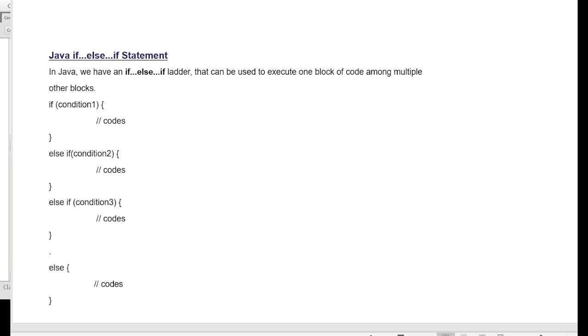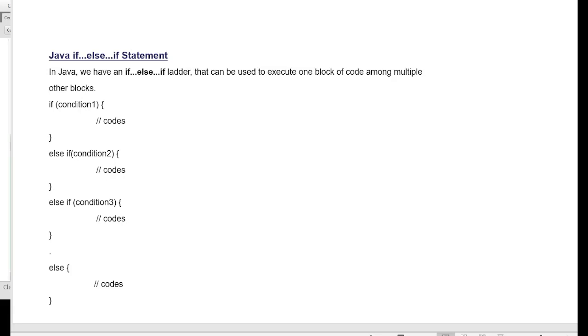In the else if part, the second condition is checked. If condition 2 is satisfied, that means if condition 2 is true, then the code will be executed.